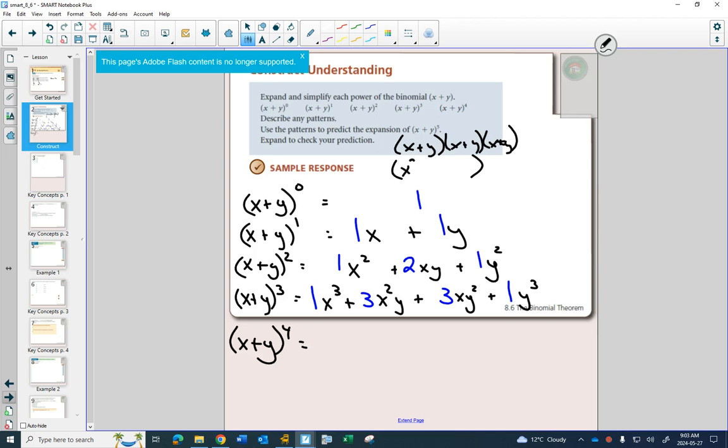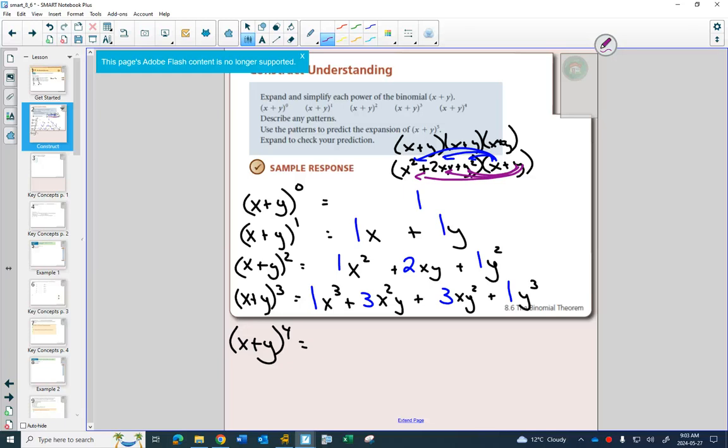I could FOIL that and get x squared plus 2xy plus y squared, and I still have to multiply by x plus y. And then you would have to do all of these arrows, right? And combine your like terms, and you get 1x cubed plus 3x squared y plus 3xy squared plus 1y cubed. And a pattern starts to happen. We start to see Pascal's triangle.